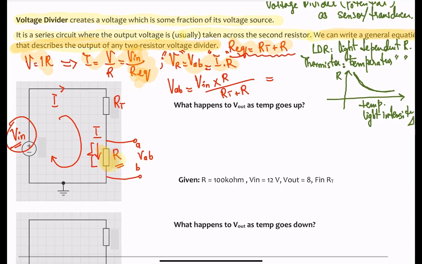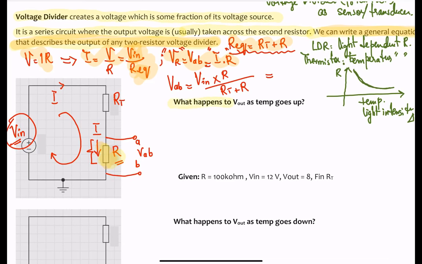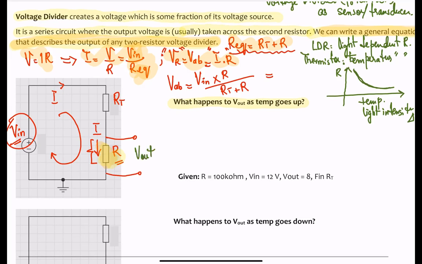So here is a scenario. What happens to V out as the temperature goes up? I'm going to label it as V out here, so that's the voltage across this resistor. Now remember, we are using a thermistor. The property of a thermistor is that when the temperature goes up, the resistance goes down.